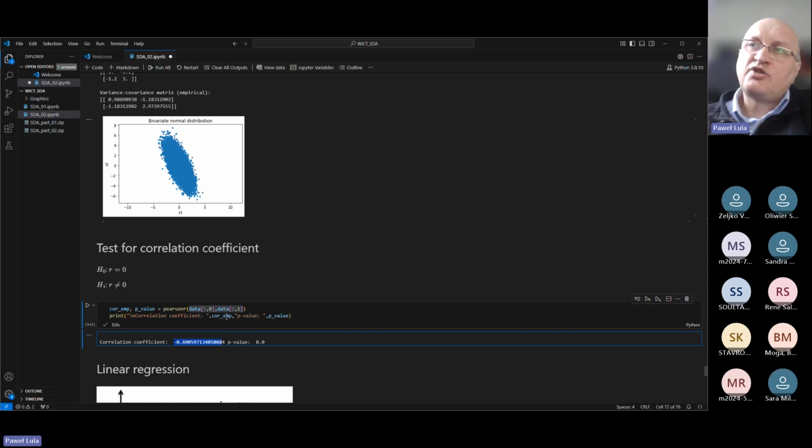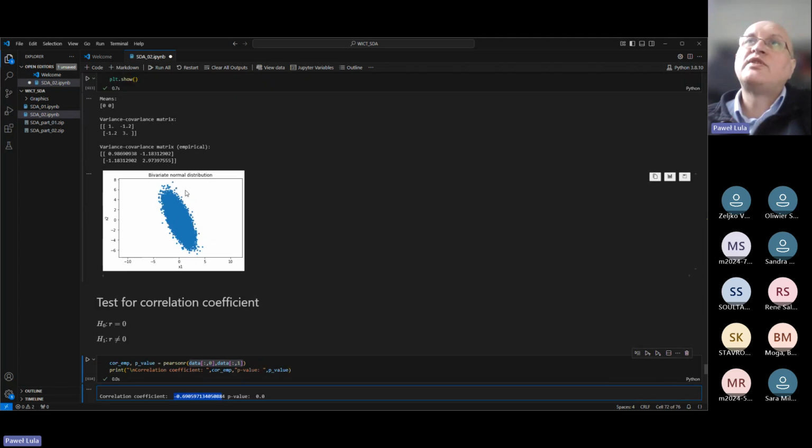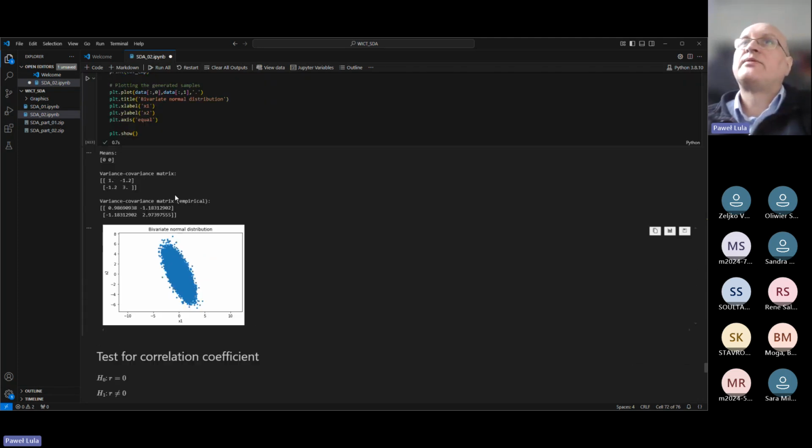For this correlation coefficient, the p-value was calculated, and in this case, it is 0. It means that I should reject the zero hypothesis. It is not true that correlation is equal to 0, maybe not here, but in general population, because we treat these values as samples.